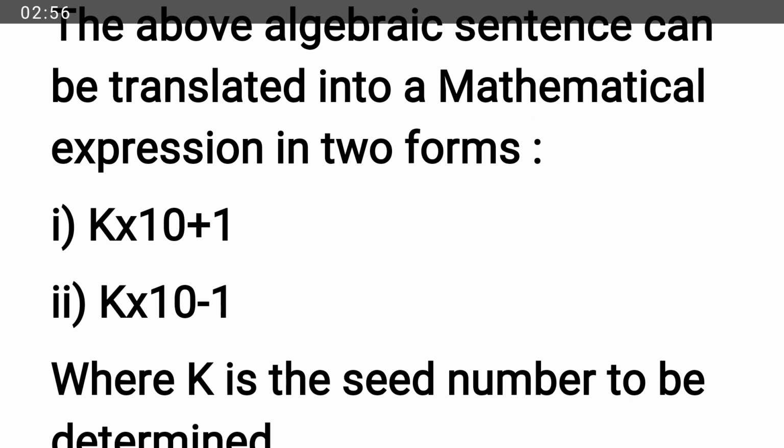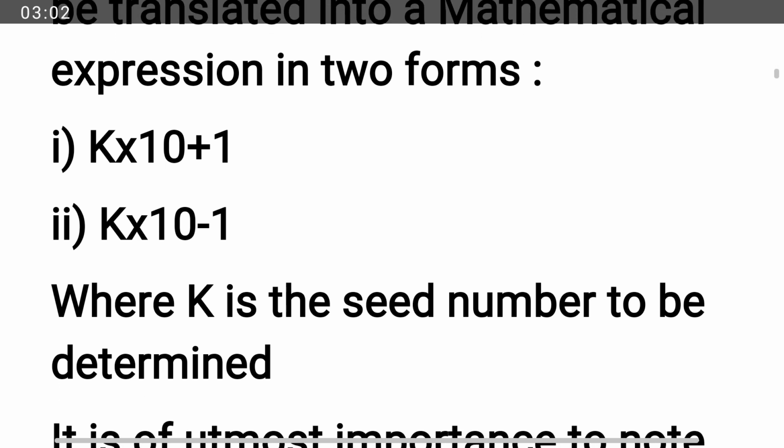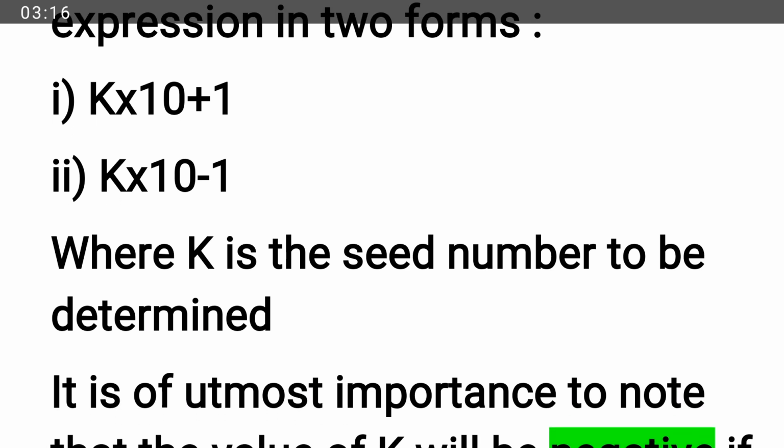The statement we just made can be translated into a mathematical expression in two forms. One is k times 10 plus 1, then k times 10 minus 1. So once we find their product, you can express it either as k times 10 plus 1, or k times 10 minus 1. Where k is the seed number to be determined.